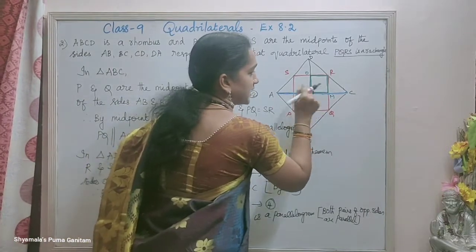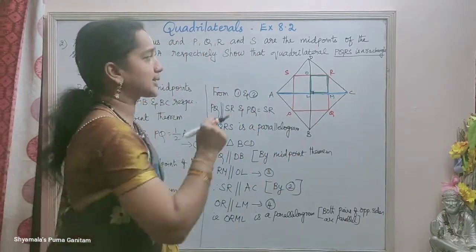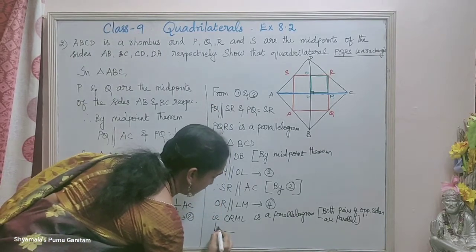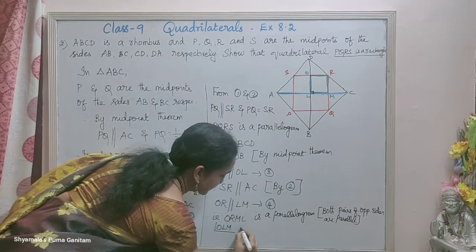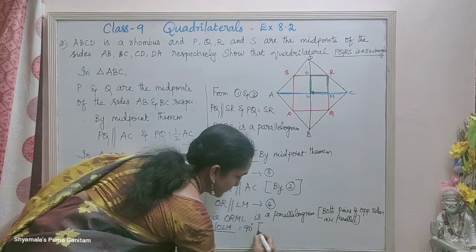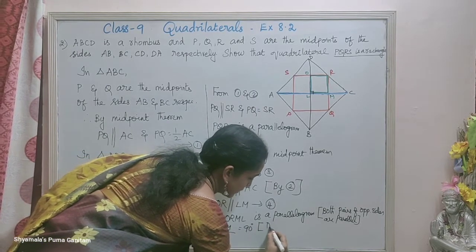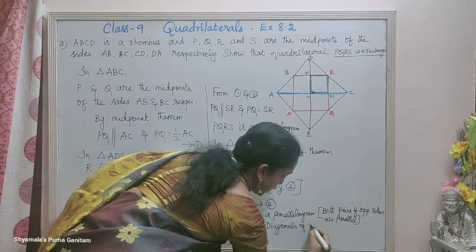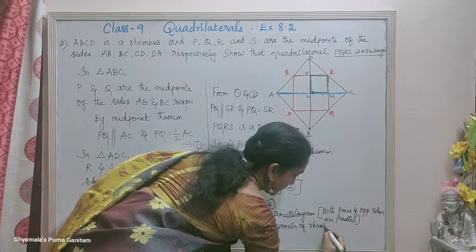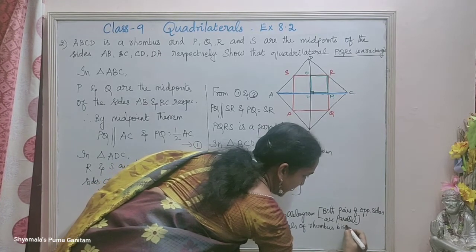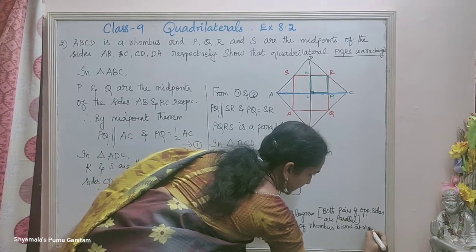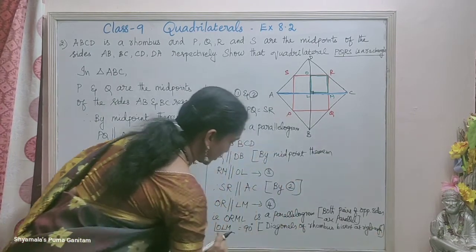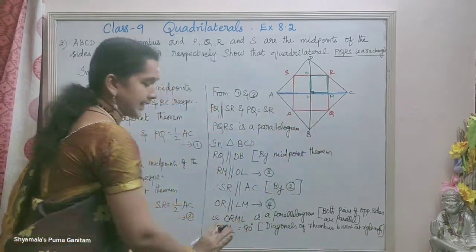So this forms the bisection of the diagonals, and angle OLM is 90 degrees, because diagonals of a rhombus bisect at right angles.